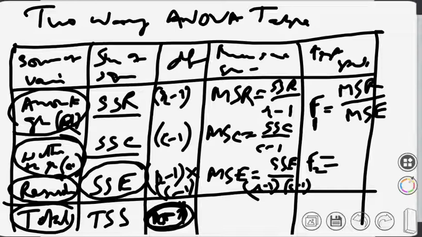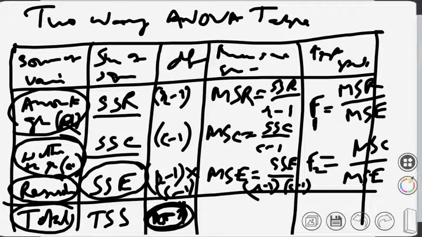I'll try to explain with the help of an example that we'll be discussing. So F1 is MSR by MSE and F2 is MSC by MSE.